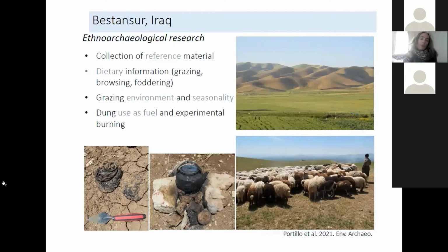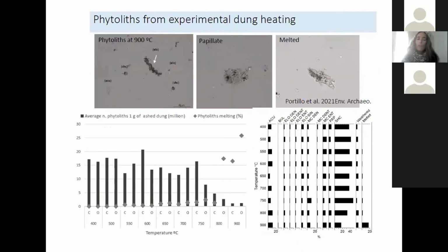And what we do is a program of experimental burning, but under laboratory conditions. We did the combustions in the laboratory to see the taphonomy, the impact of the fire, the heating, on the phytoliths, but also on the dung spherulites.